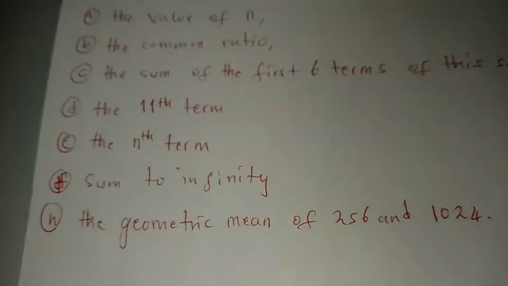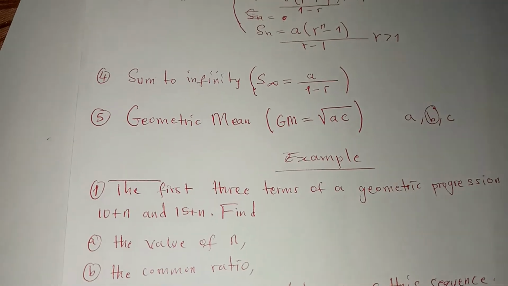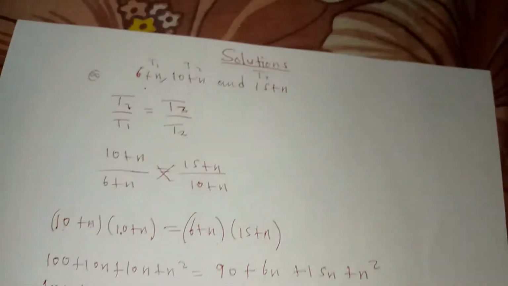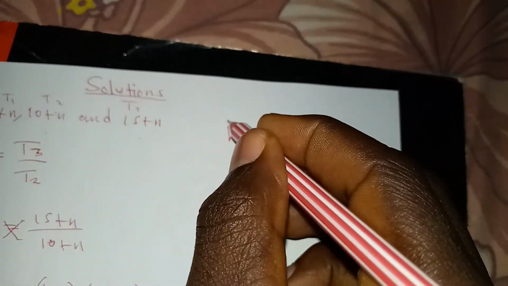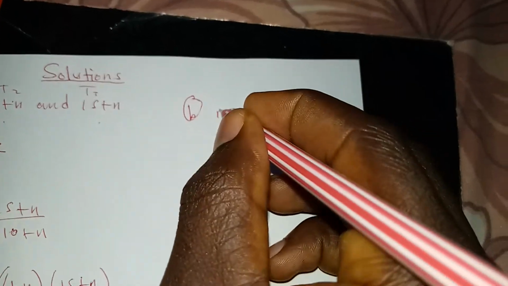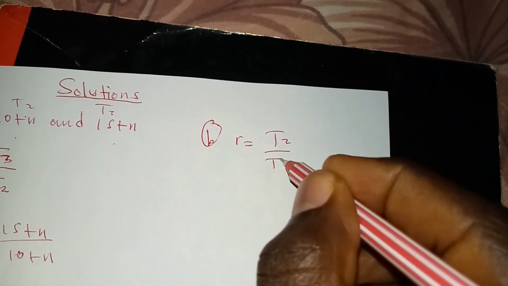Then the next question is the common ratio. Next question is this one, find the common ratio. So finding the common ratio, this is B. Common ratio is given by second term divided by first term.